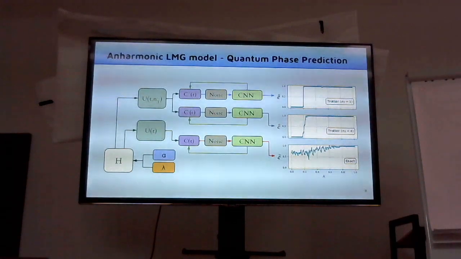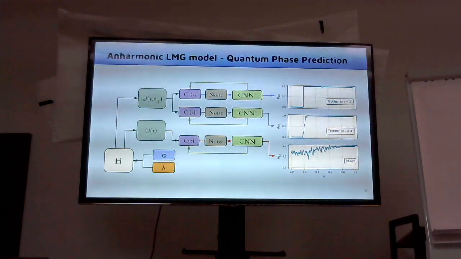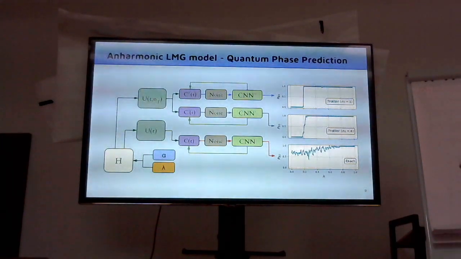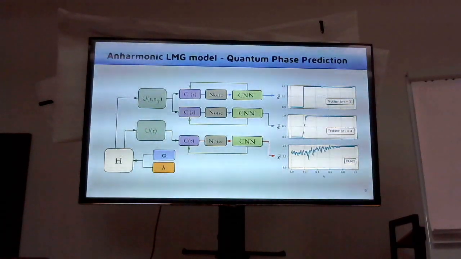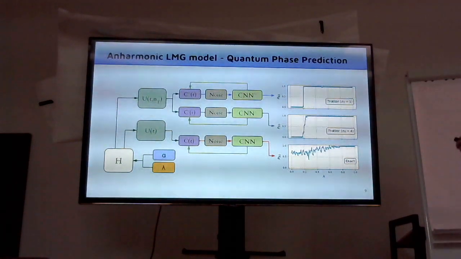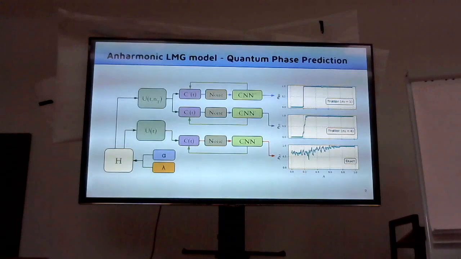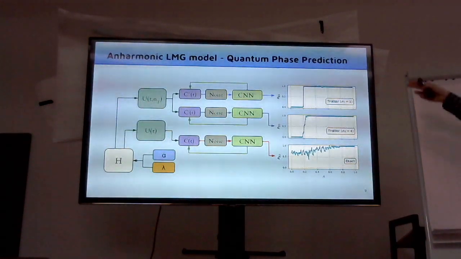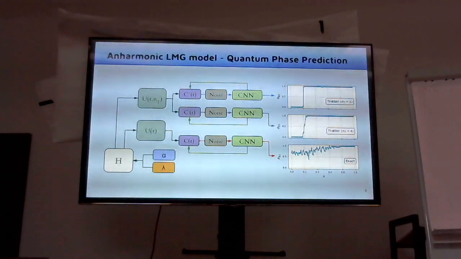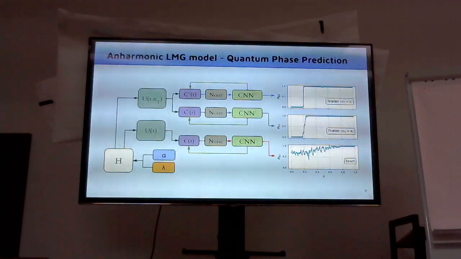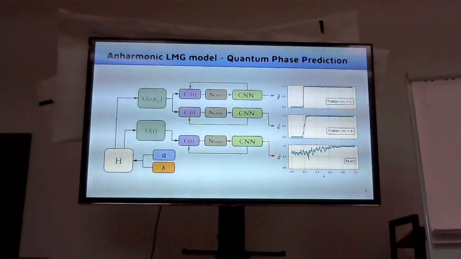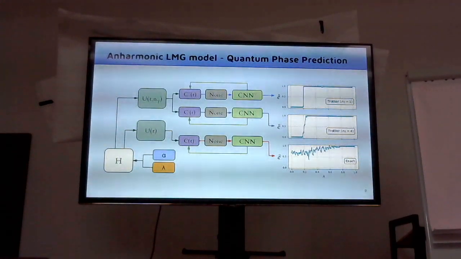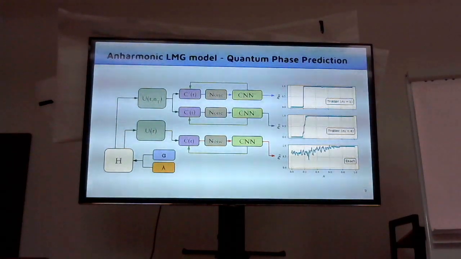So they went on to study that. I believe they realized that in fact there was a third quantum phase. So in a case like this, maybe at some point the model doesn't predict correctly, and maybe this is because at that point it's not behaving like any of the two previous phases that you know.